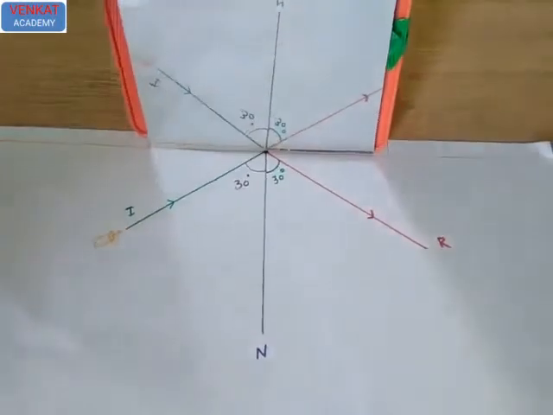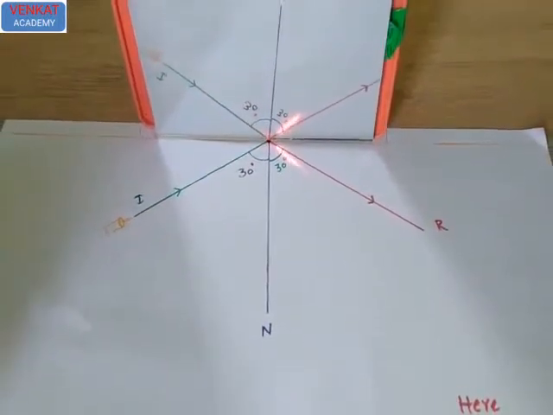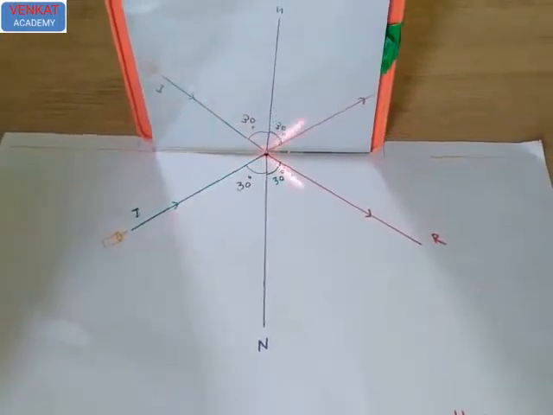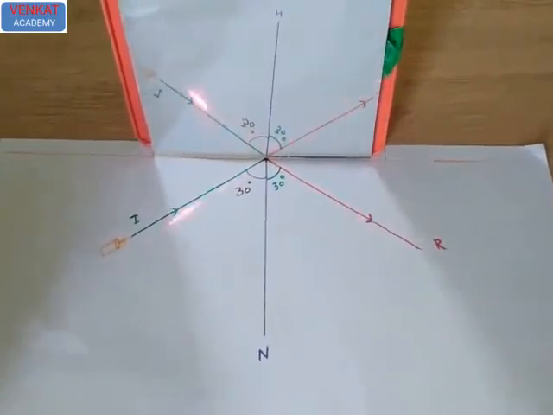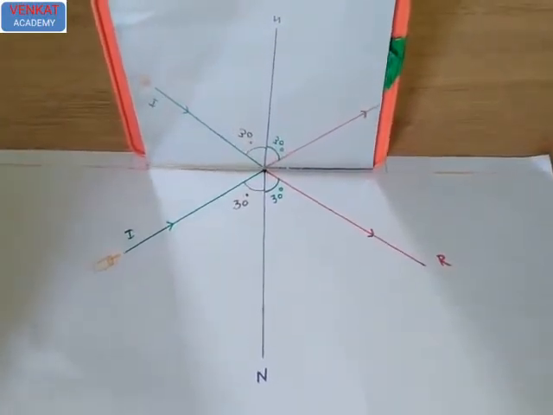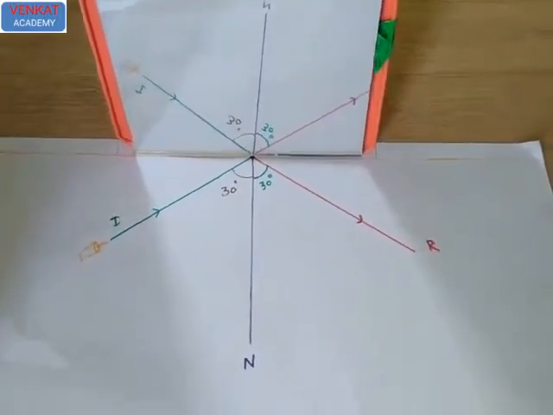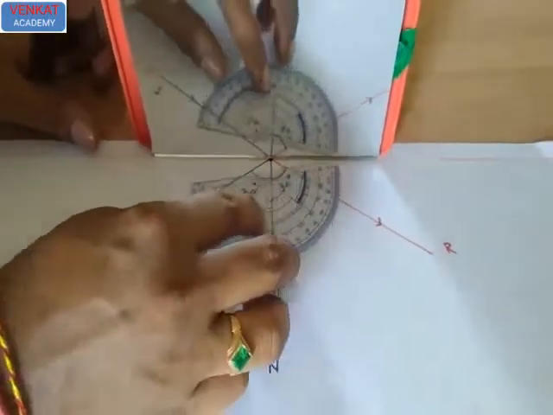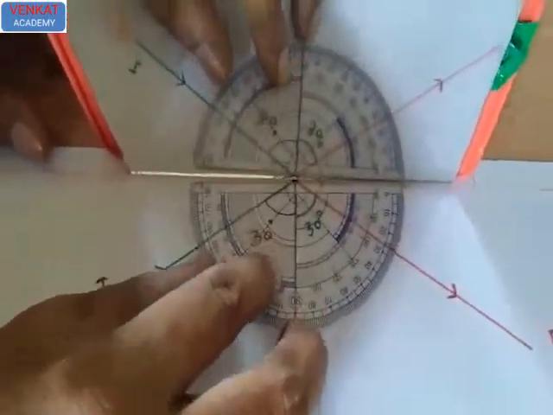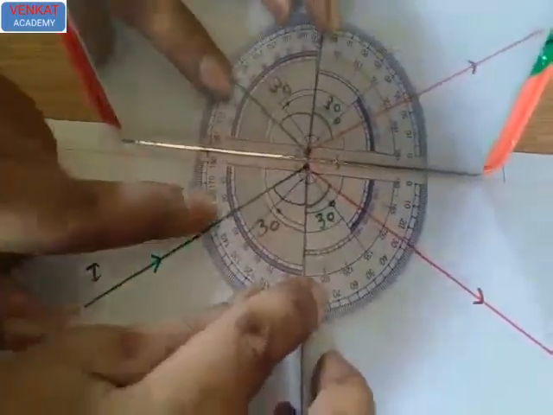When the light ray is incident on the surface of the plane mirror, angle i is equal to angle of reflection, the same angle. We use the protractor to check whether the angles are correct or wrong. Take the protractor and keep it exactly in the middle.